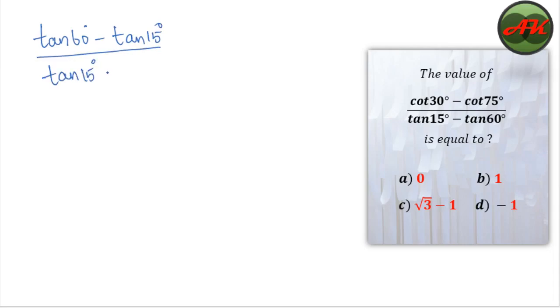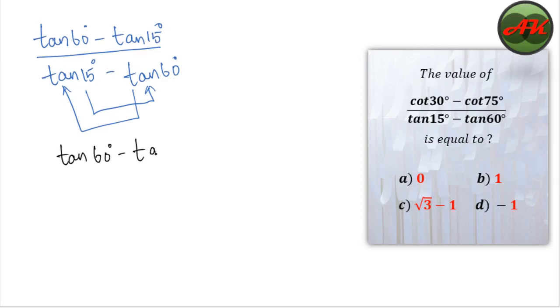Tan 15 minus tan 60. Let me interchange the denominator place for my convenience. I can write tan 60 minus tan 15, and for interchanging I need to add minus sign here.